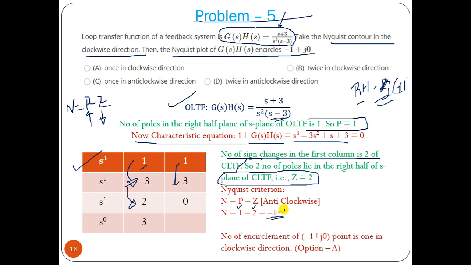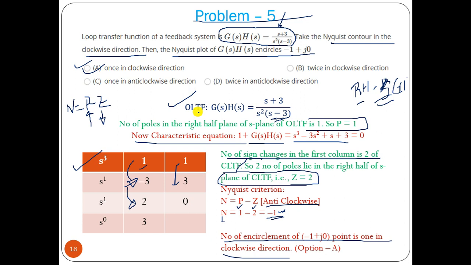Here n is basically anti-clockwise, so -1 means it should be clockwise. So the number of encirclements of this critical point is 1 time in the clockwise direction. So option A should be the right answer.